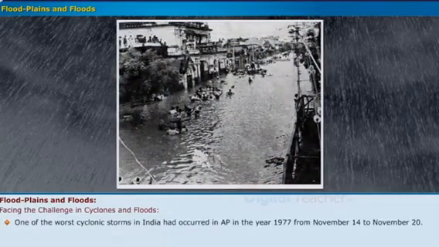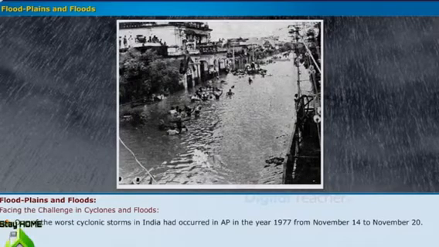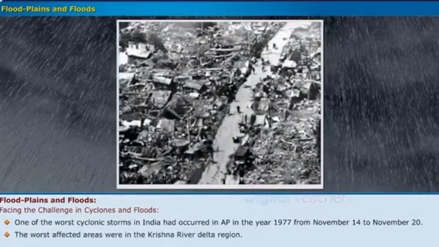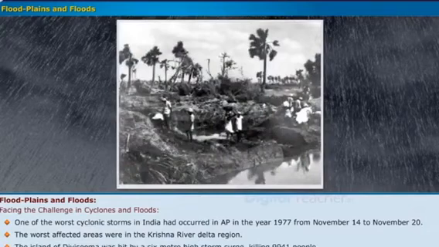One of the worst cyclonic storms in India occurred in AP in the year 1977, from November 14 to November 20. The worst affected areas were in the Krishna River Delta region. The island of Divisima was hit by a 6-meter high storm surge, killing 9,941 people.